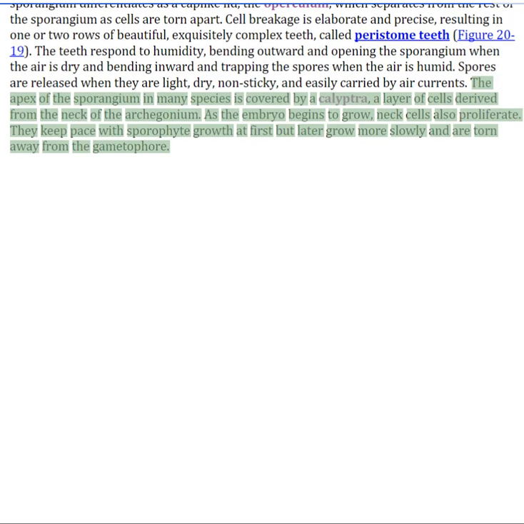The apex of the sporangium in many species is covered by a calyptra, a layer of cells derived from the neck of the archegonium. As the embryo begins to grow, neck cells also proliferate. They keep pace with sporophyte growth at first but later grow more slowly and are torn away from the gametophore.